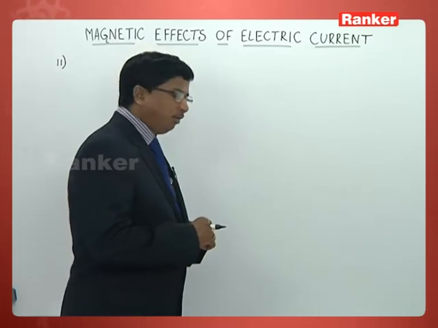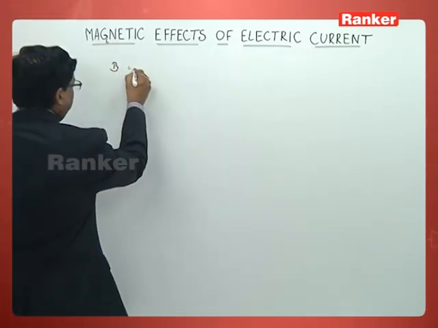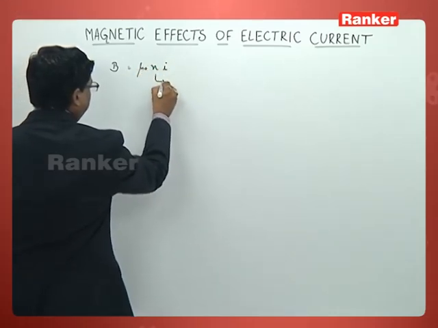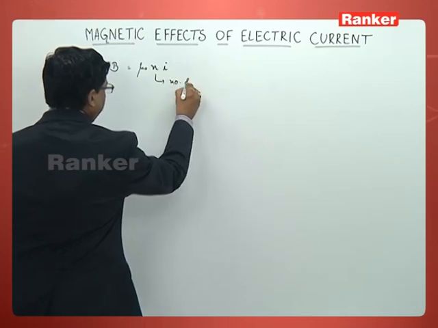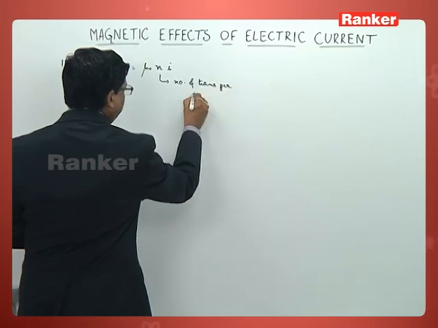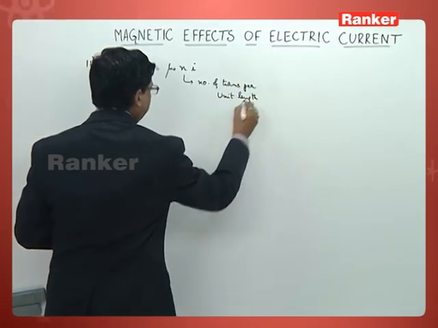So what is the formula for the magnetic induction inside the solenoid? It's mu naught N i, N being the number of turns per unit length. That is the point we have to understand.